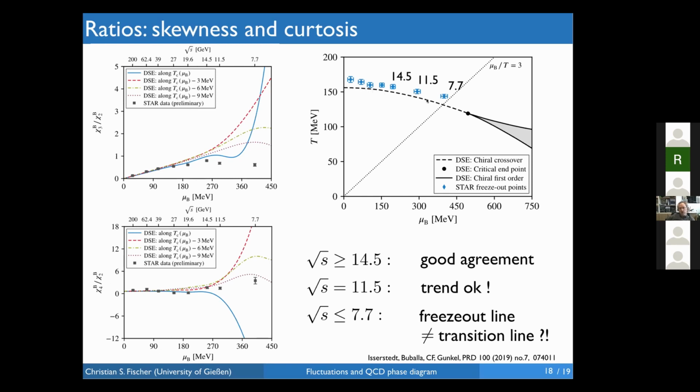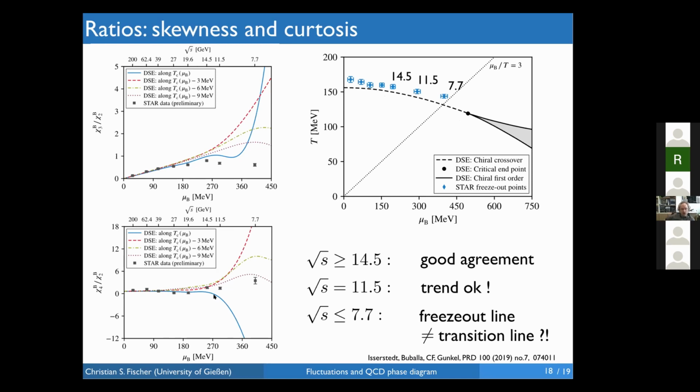lines which do not follow the crossover line, but are a couple of MeV away from the crossover line. And for the kurtosis, the effect is actually dramatic. As soon as you are a couple of MeV away, the curves change dramatically, and this is related to the rapid changes in this observable.